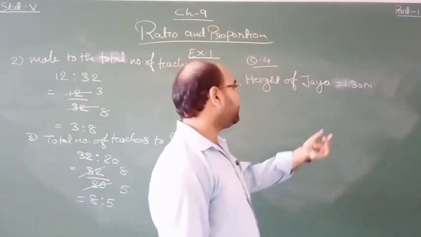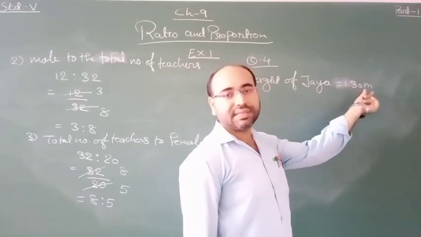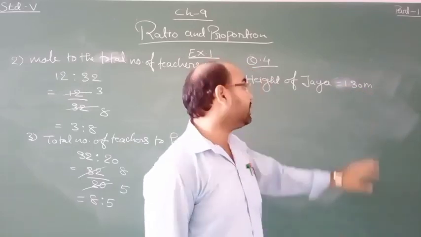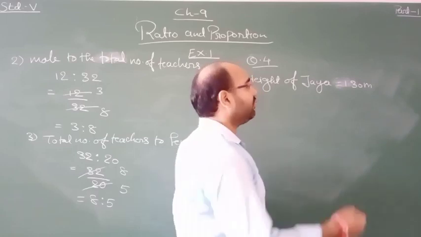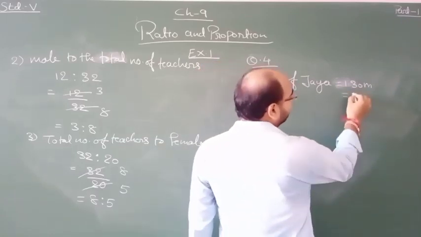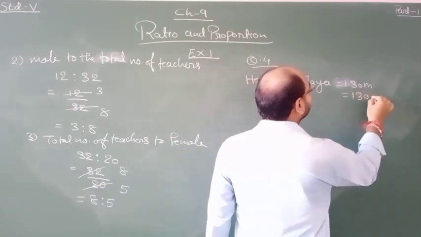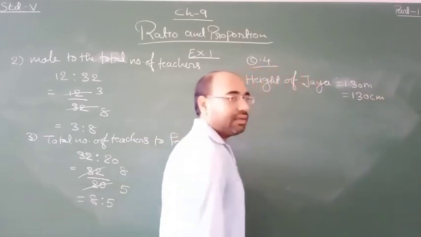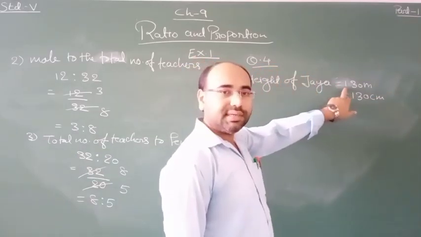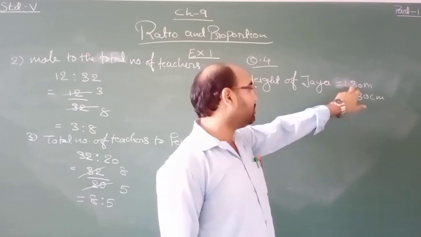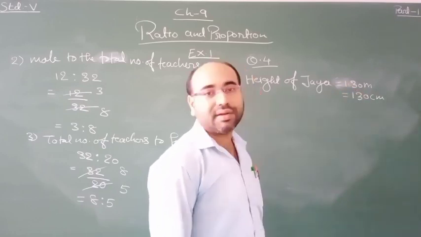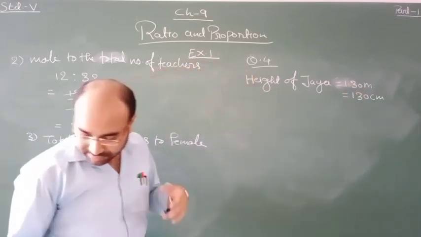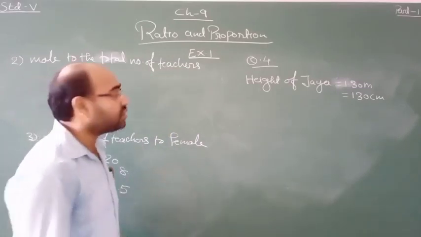Now 1.30 meter means 1 meter and 30 centimeter होता है, which can be written in meter as 1.30 meter. So we'll convert it into centimeter. तो वो हो जाएगा कितना, 130 centimeter. Because 1 meter is equal to 100 centimeter, so 1 meter 100 हो जाएगा, उसमें plus 30 कर दो, it will become 130 centimeter.